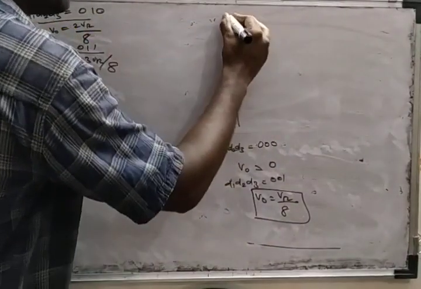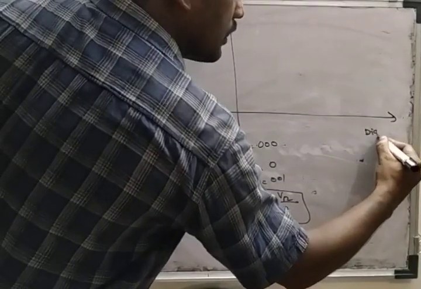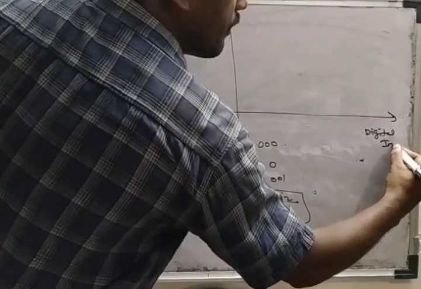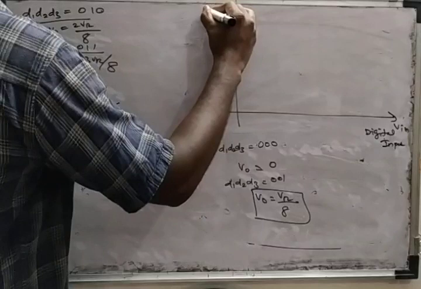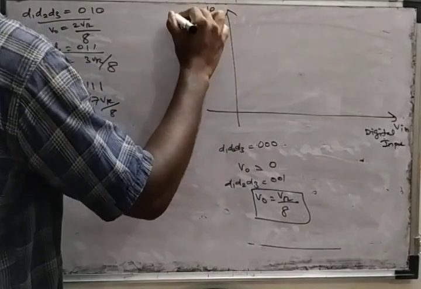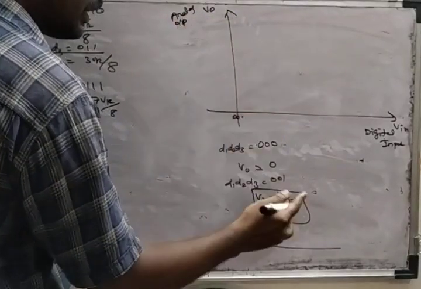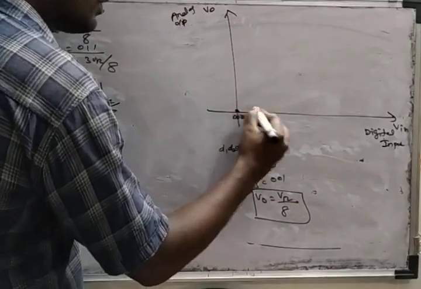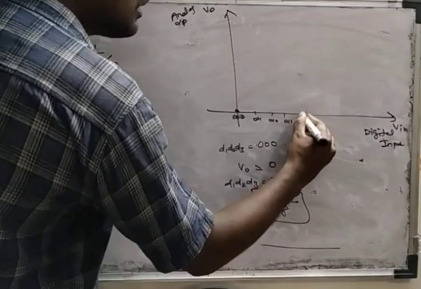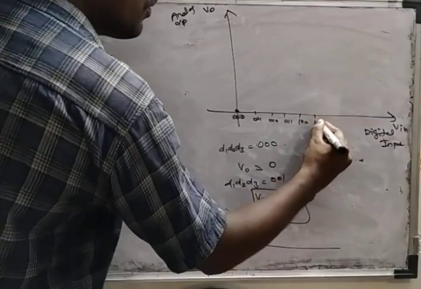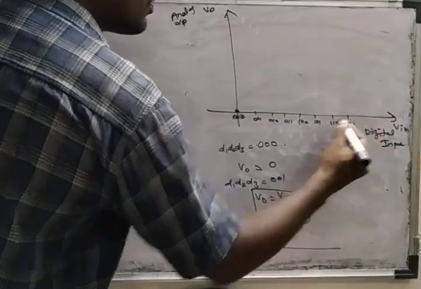Here I am drawing a graph between the digital input Bin and the corresponding analog output V naught. For 0 0 0, V naught is 0. Then 0 0 1, 0 1 0, 0 1 1, 1 0 0, 1 0 1, 1 1 0, 1 1 1.